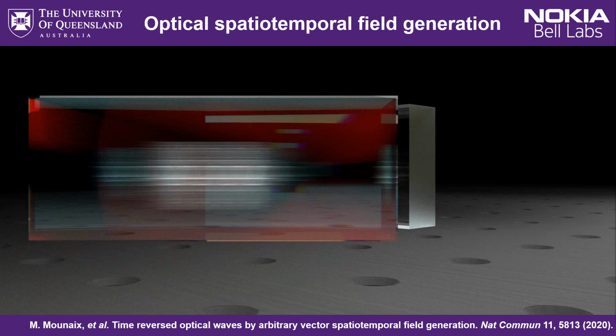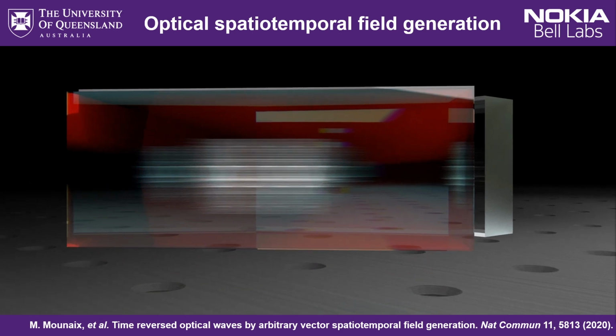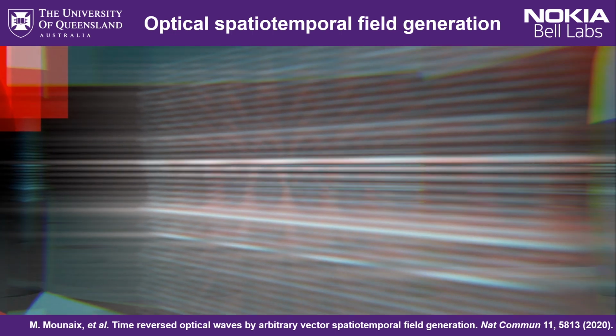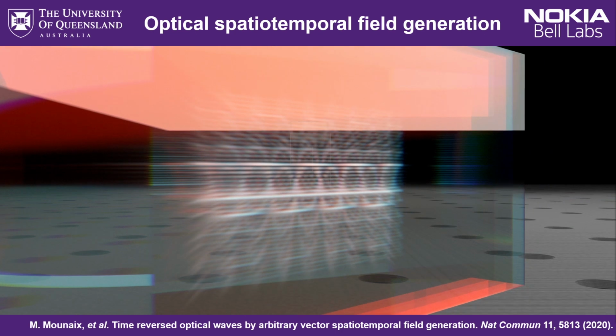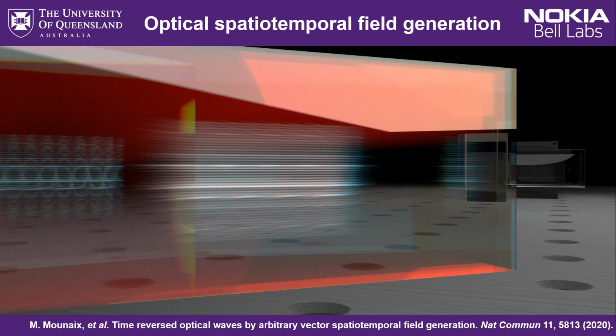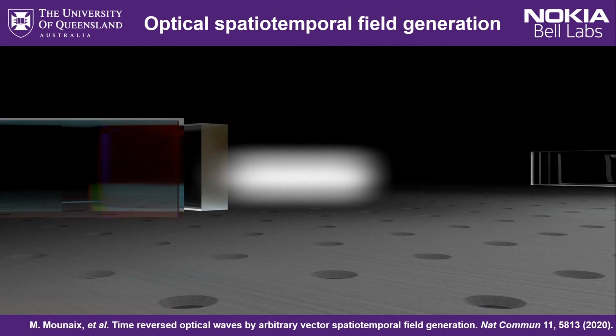At the grism, we've got this funny looking blob of light, whereby one axis represents the spatial properties of the beam we want to generate, and the other axis represents the temporal properties of the beam that we want to generate. And this should hopefully make a bit more sense in a moment.